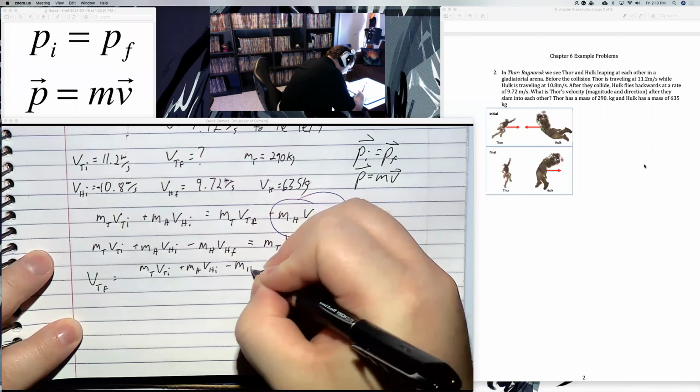And what you get is negative 33.7, or 33.7 meters per second to the left.